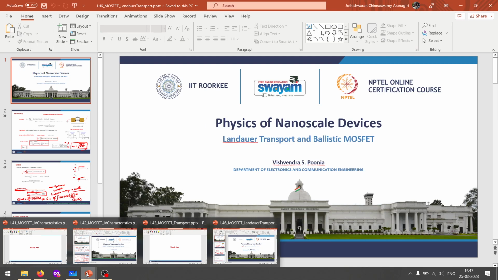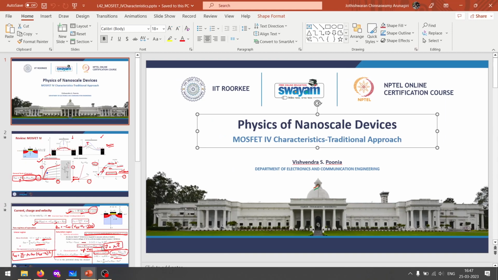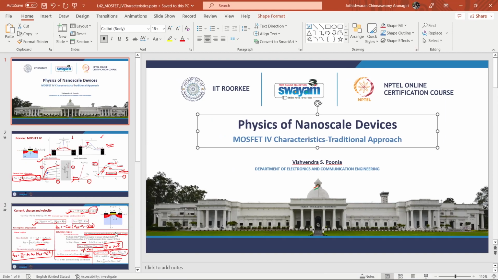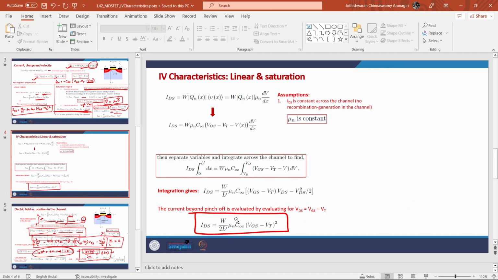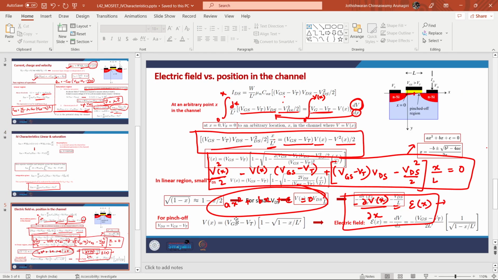What you're supposed to understand, of course, alongside the formulae. Remember this case that we saw, the entire electric field versus position in the channel.